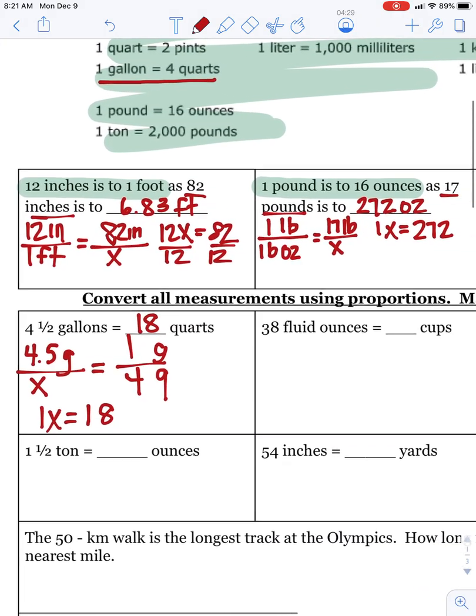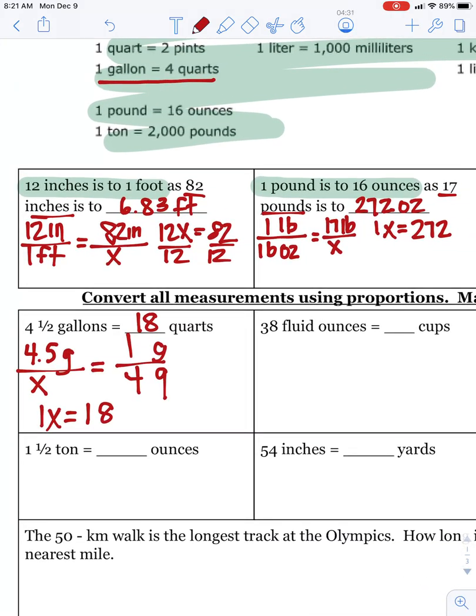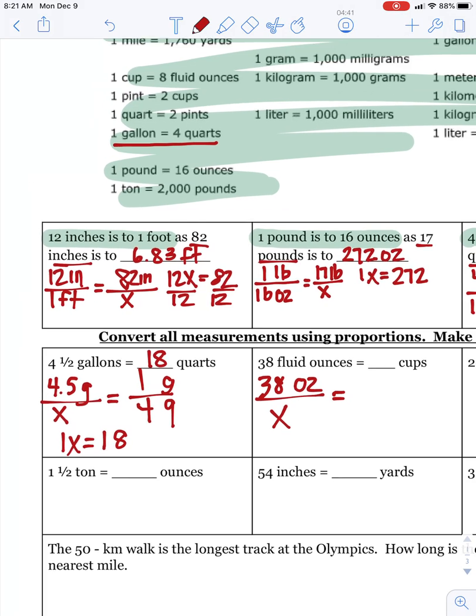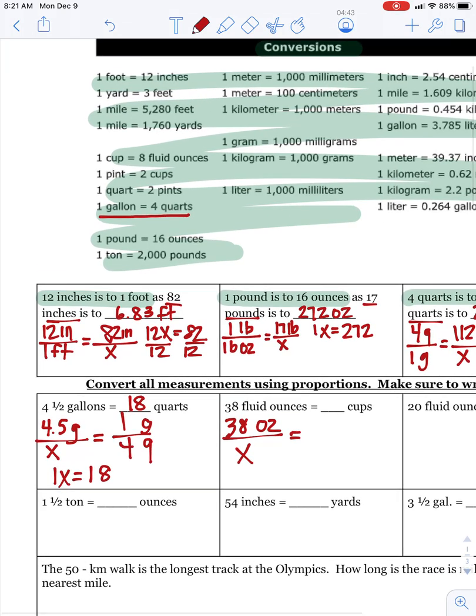All right, we're going to go over to 38 fluid ounces. You can just write it as ounces. And we're looking for cups, so I make that X. So I have to go back over here and look, and I see cups and ounces in the same equal sign part. So that's your conversion.